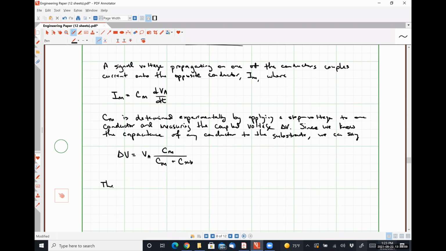These adjacent metal lines also exhibit a mutual inductance. Why?